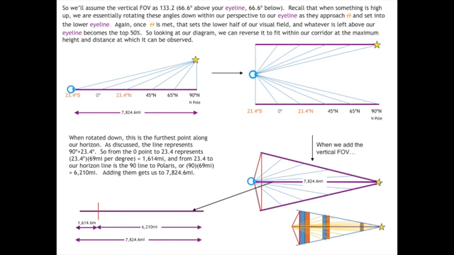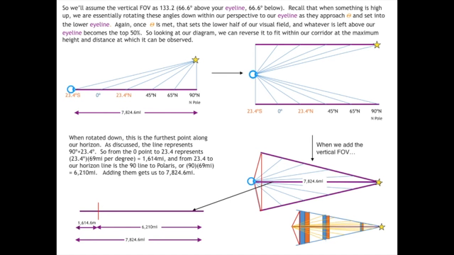So from the 0 point to 23.4 represents about 1,614 miles, 69 times 23.4. And from the 23.4 mark to our horizon line is basically the 90 line to Polaris, or 90 times 69, which is 6,210 miles.